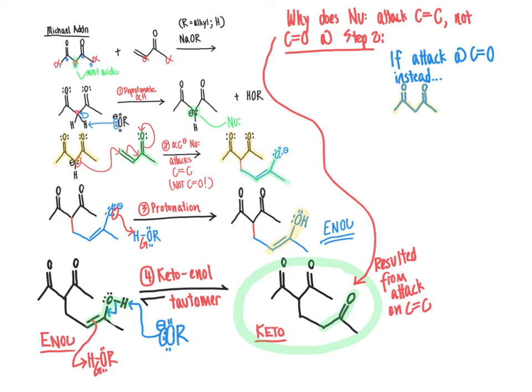So if the attack had occurred at the carbonyl, what we would have done was deprotonate the same as we did in step 1. Then here at step 2, when our yellow dicarbonyl intermediate that is deprotonated there at the alpha position came over to attack, it would have attacked at this carbonyl instead of at the alkene group. And so what would have resulted is a bond between that alpha position and what was originally the carbonyl.